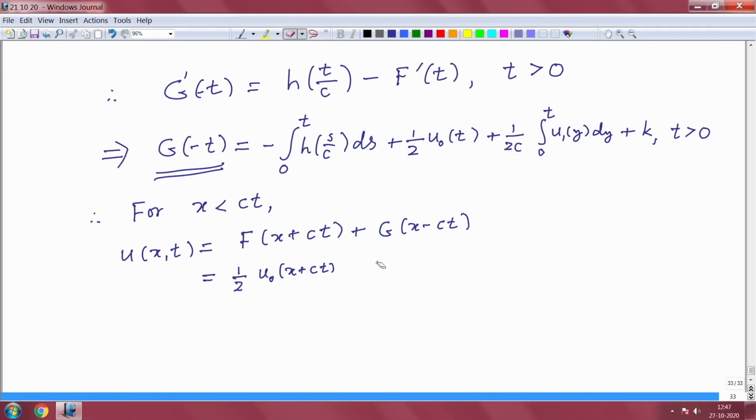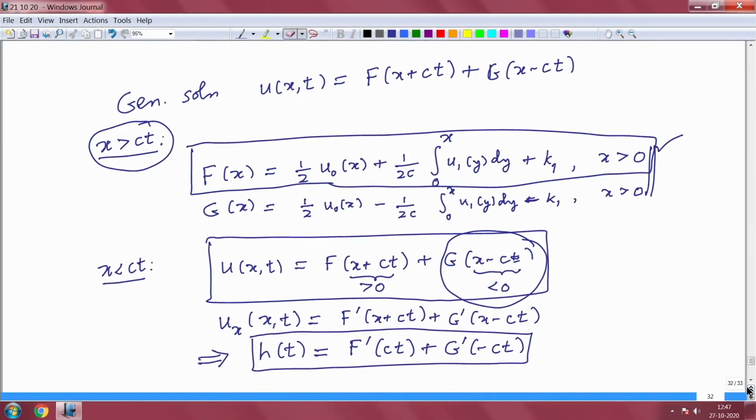So, again go back, so this is very important. This is the expression for f of x. So, I am replacing x by x plus c t. Okay. So, just remember that.